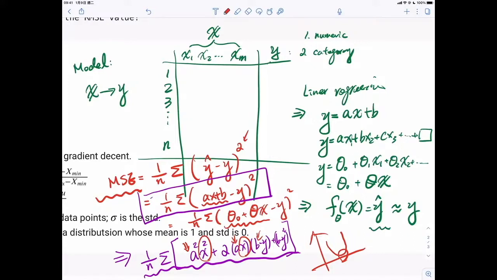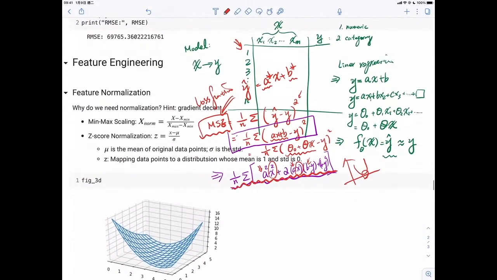However, there should be an A star and a B star, the optimized values, which can make the MSE value the minimum. At that time, we find the optimized parameters of this linear regression. This A star and B star are the optimized values, and give the best linear regression line for this data set. That's all. I think that is the basics.